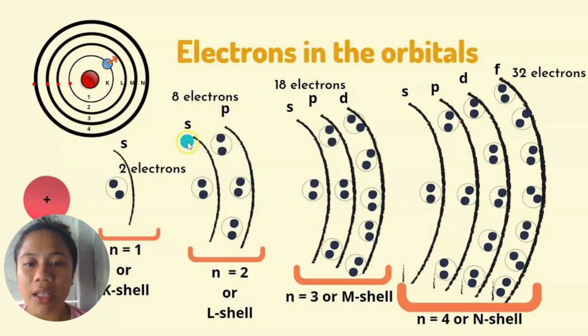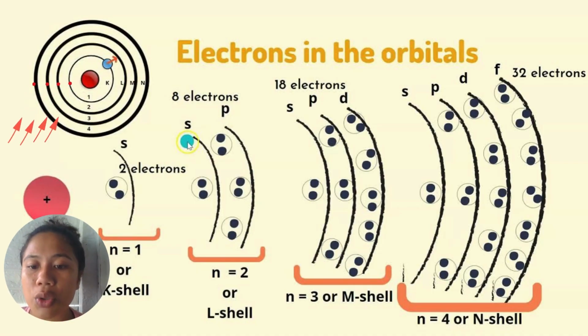On the second orbital, if we magnify the L shell, it looks like this, the second demonstration. So n is equal to 2 because there are two orbitals. The orbitals are the circles, right? Or there are two subshells. One, two.